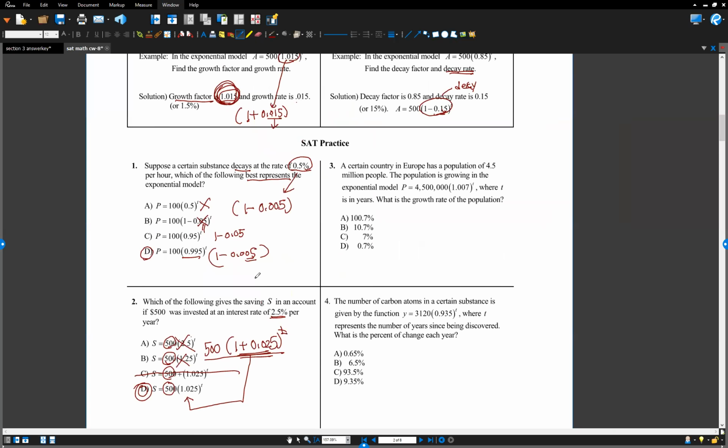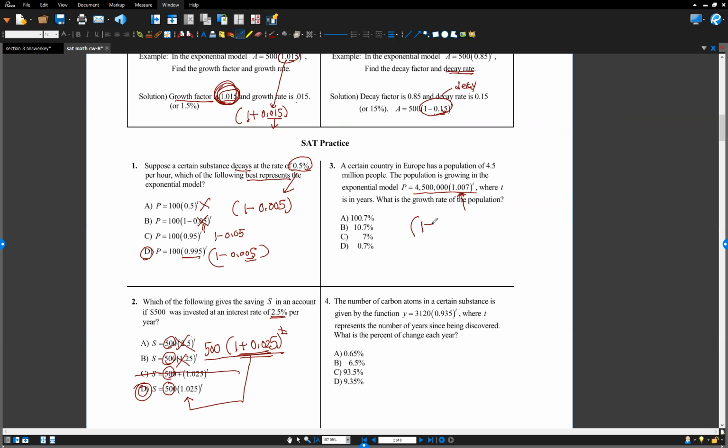All right, number 3. A certain country in Europe has a population of 4.5 billion people. The population is growing in an exponential manner, just like this way. From the equation, we're going to find the growth rate. Where is the growth rate inside? Inside over here, but not everything.